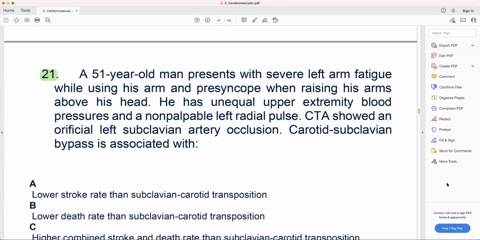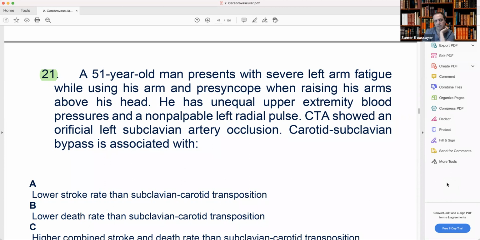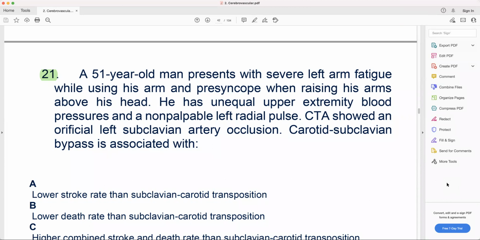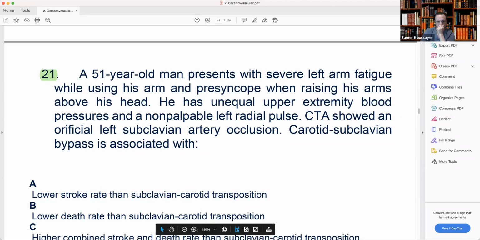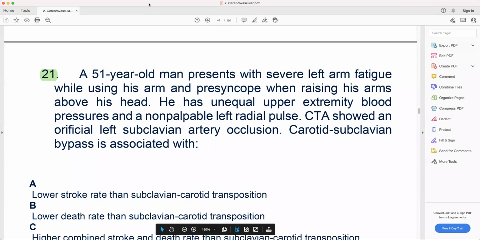CTA showed left subclavian artery occlusion. Carotid subclavian bypass is associated with... So he has a subclavian steal syndrome, and they are suggesting carotid subclavian bypass.